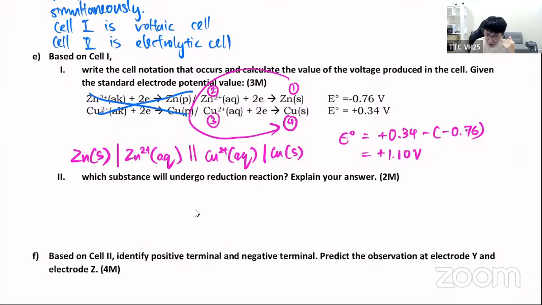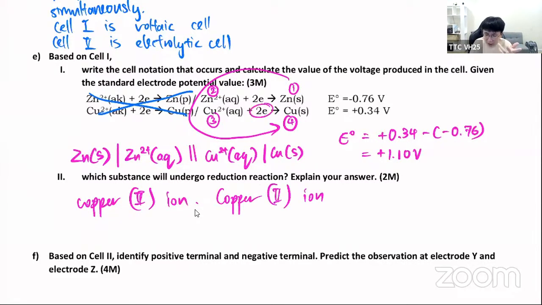So we can say it's the Cu2+. So copper ion, and why? We can say copper ion gains electrons, or you can say decrease in oxidation number. Also can. Copper ion gains electrons to form copper atom.